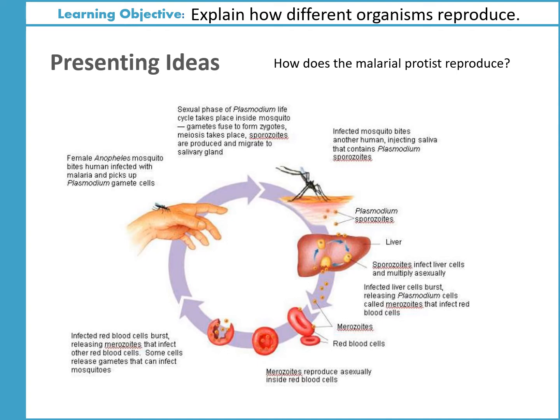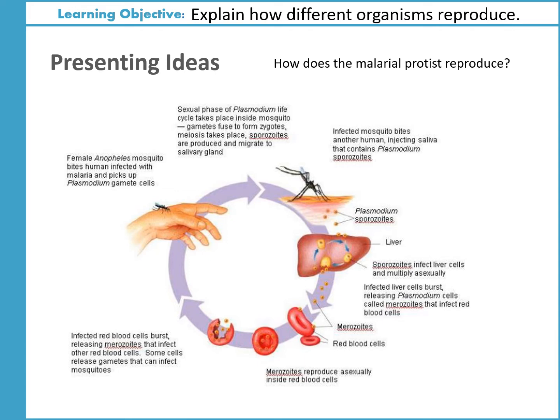So when a new mosquito then bites an infected person, they will pick up some of those gamete cells, and then the gamete cells are going to fuse together to form a zygote, and then meiosis takes place, bringing the number of chromosomes back down to the single value that it was at the start.